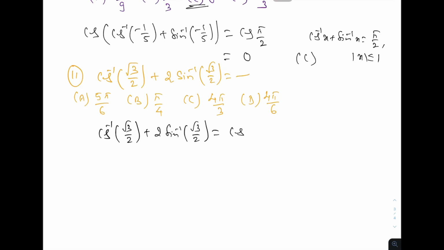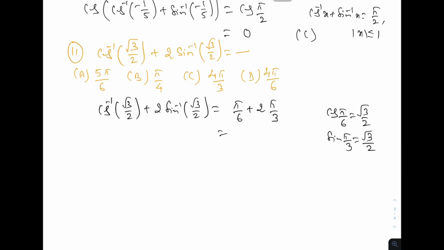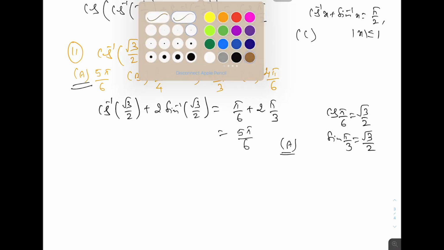Cosine inverse root 3 by 2 is pi by 6, because we know cosine pi by 6 is root 3 by 2. And similarly sine inverse root 3 by 2 is pi by 3, because sine pi by 3 is root 3 by 2. Then you can just simplify, and you will get the answer as 5 pi by 6. So the answer is 5 pi by 6. Okay, take one more.